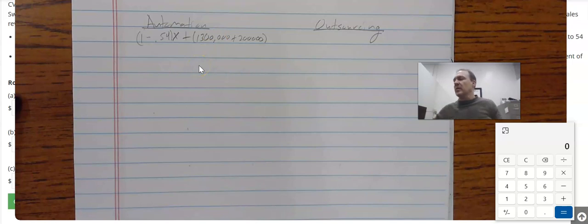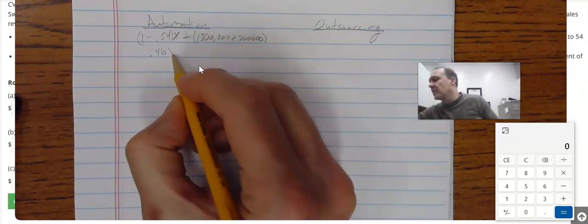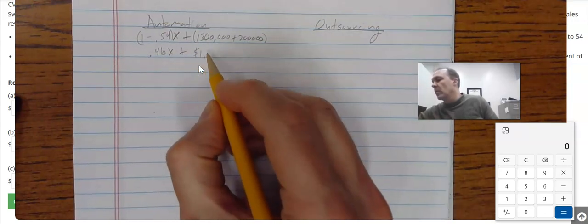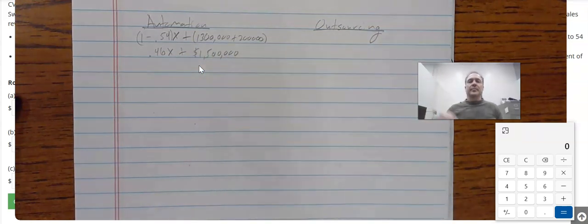I want to simplify this to 0.46x plus 1,500,000.